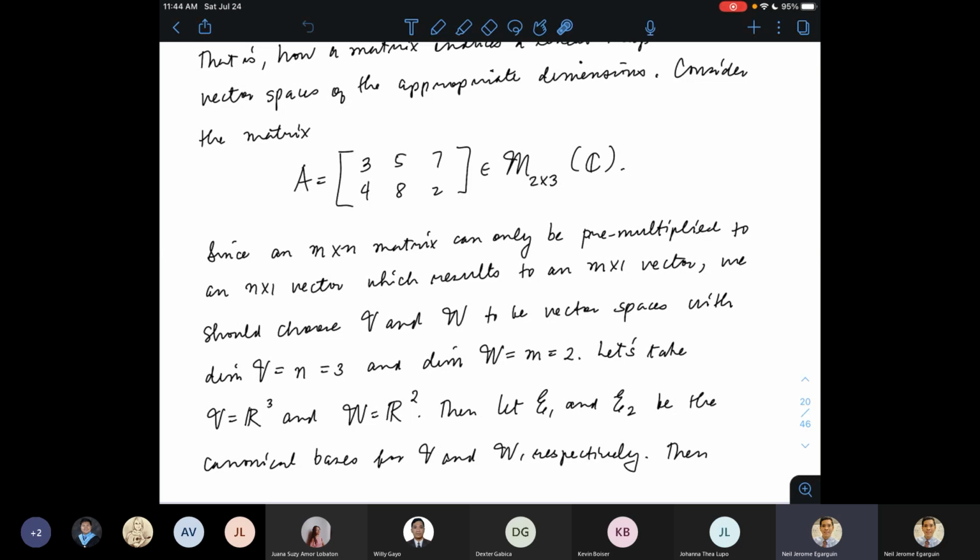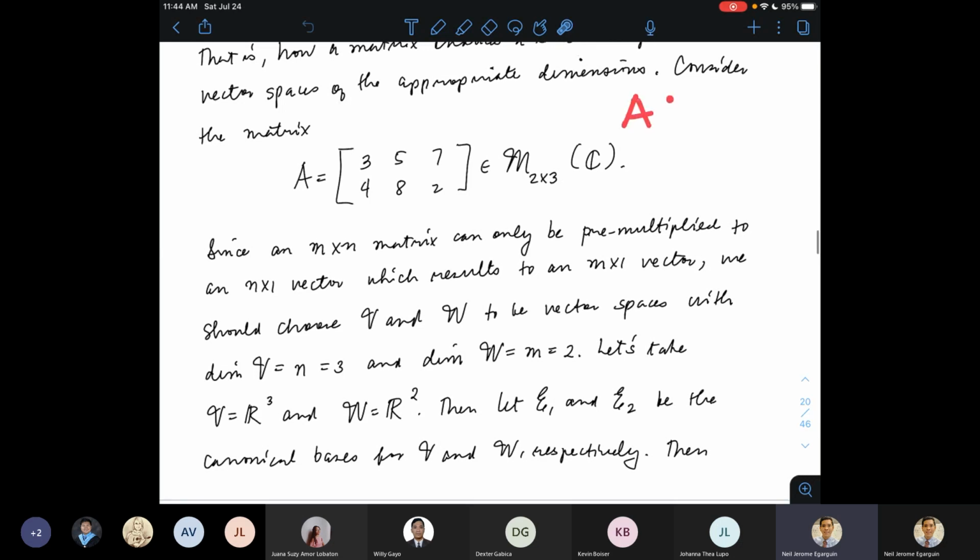For your matrix multiplication to work, if we're multiplying A and B, A should be m by n, B should be n by m, right? And what we want to get as a result is a one vector, of certain length. So we want to pre-multiply matrix A into an n by 1 vector.